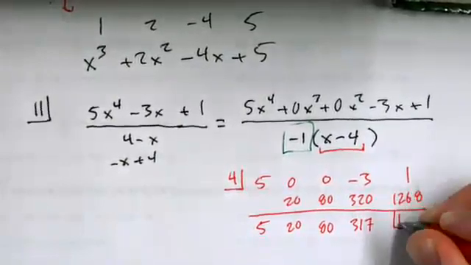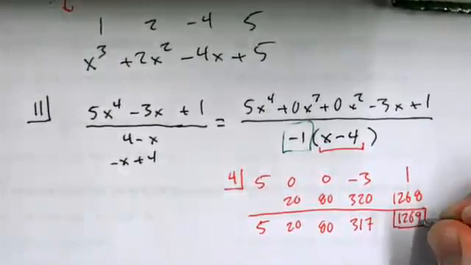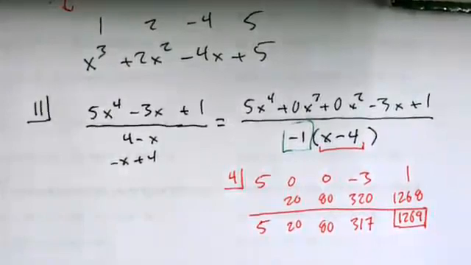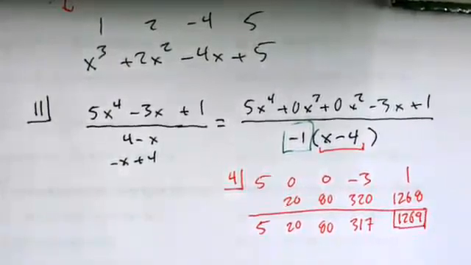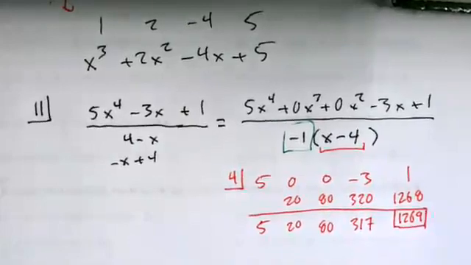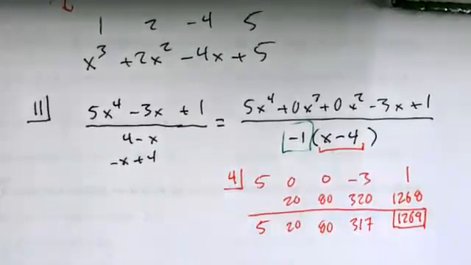And then 1269 for the remainder. So that's my answer, but I have only divided so far by the x minus 4.